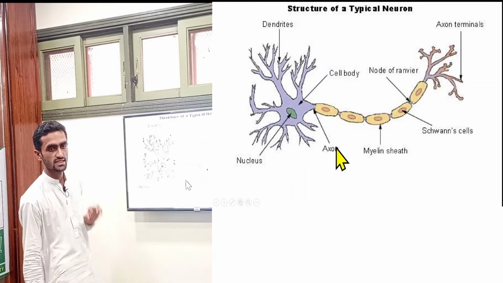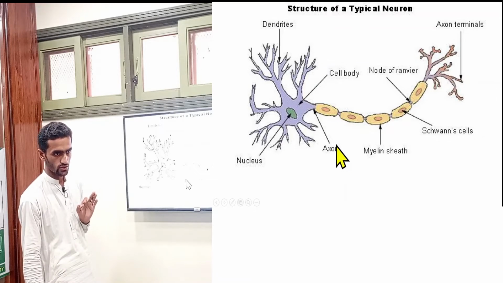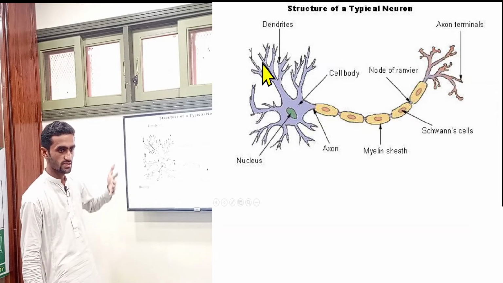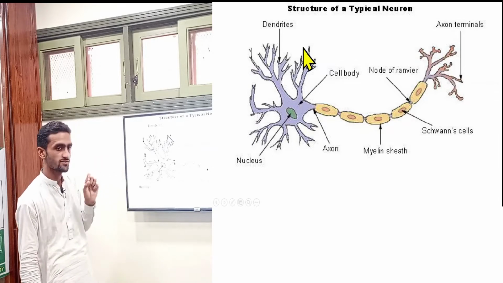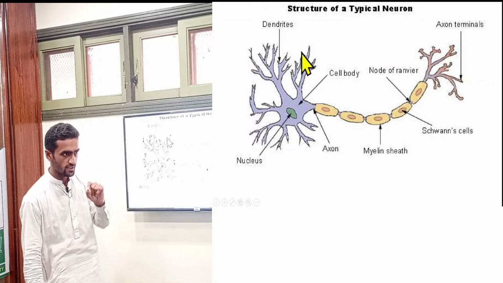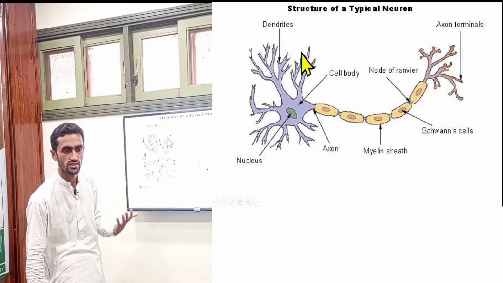If you look at this simple picture of a neuron, you can see these are dendrites. These branches are coming. What is the function of dendrites? They receive the signal. It is related to the central nervous system.